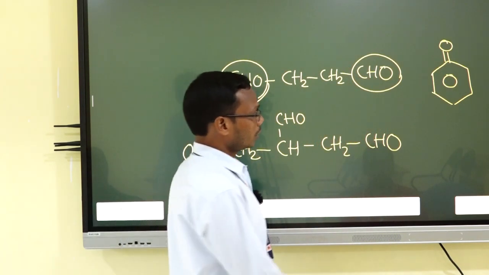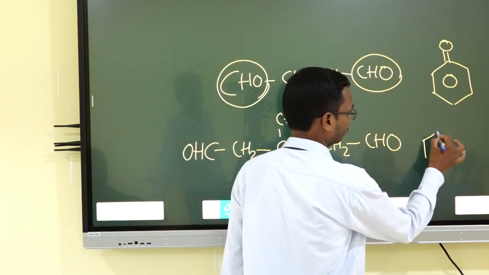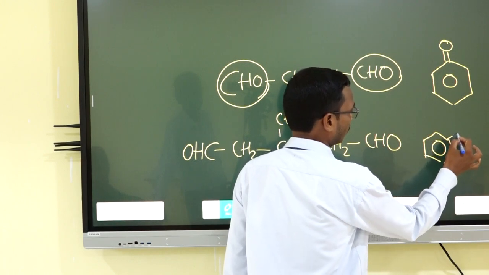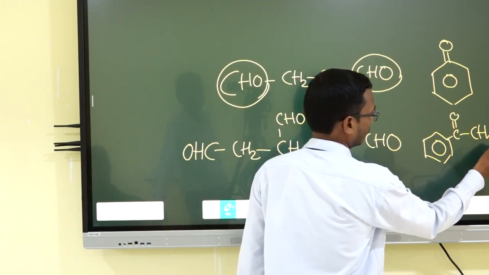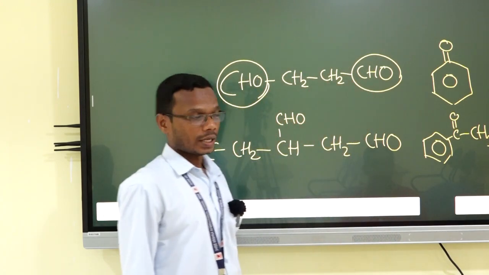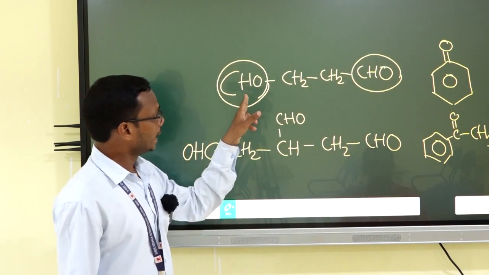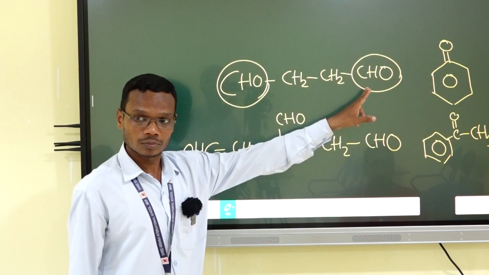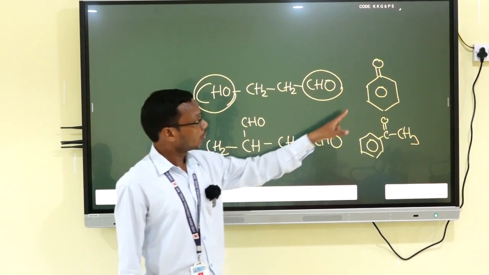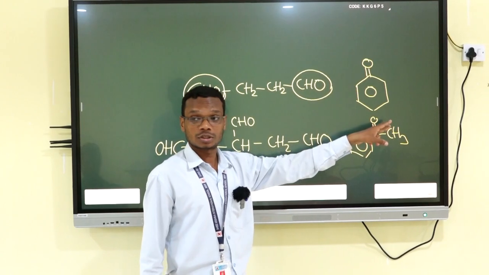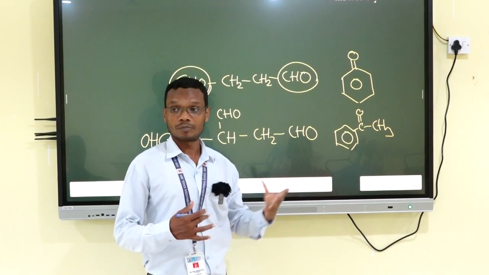Okay, there are various types of compounds, C double bond O, CH3. In this compound there are 2 CHO groups, in this compound there are 3 CHO groups, in this compound the ketone group is present in this position. How to name this type of compound?